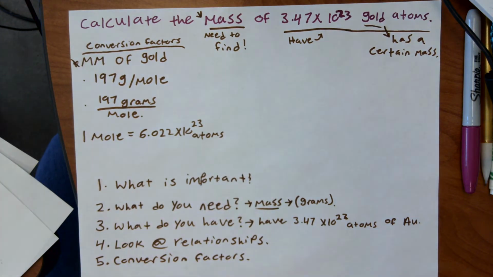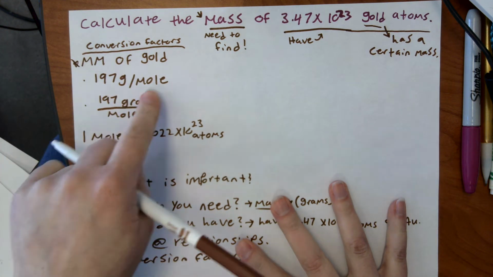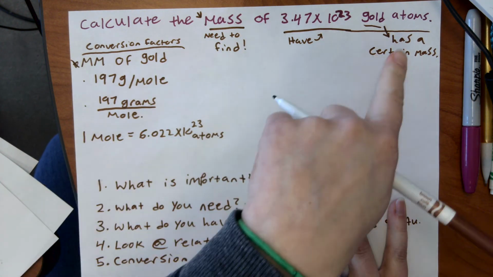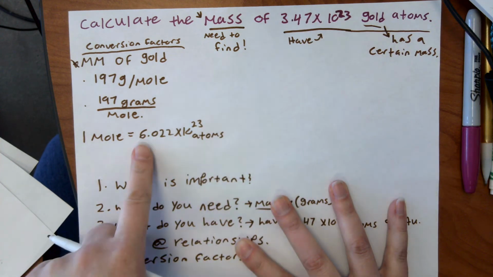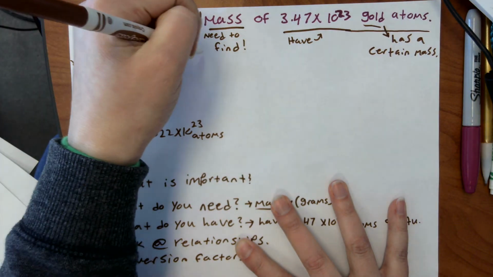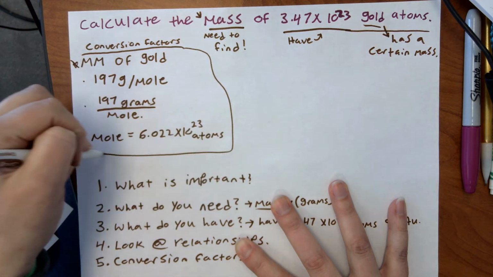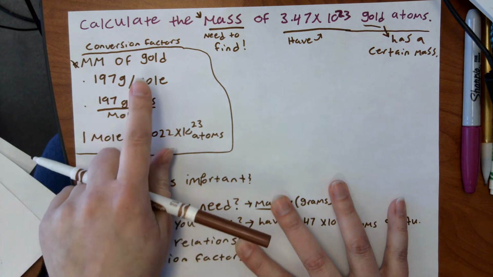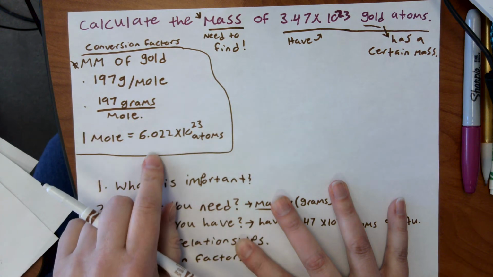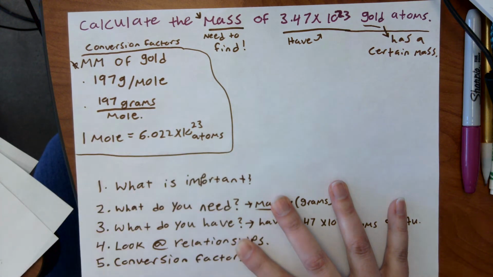Okay? So we've addressed our mass thing, we've addressed our gold thing, and we've addressed our atoms thing in our conversion factors, which is good. That's what you should do. You should try and address all the things here and try and connect with your relationships as well.